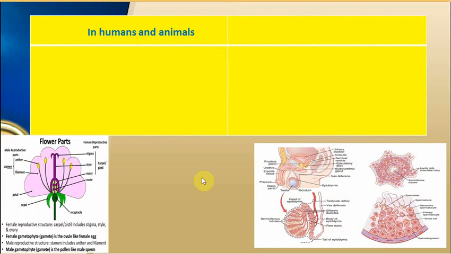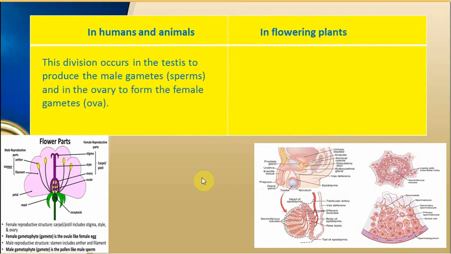First of all, in humans and animals, this division occurs in the testis, which is meiotic cell division, to produce the male gamete, which is sperm, and in the ovary to form the female gamete, which is ovum.